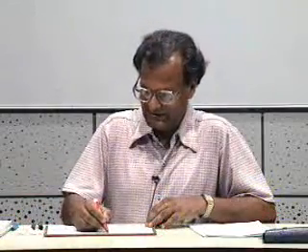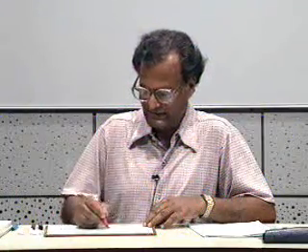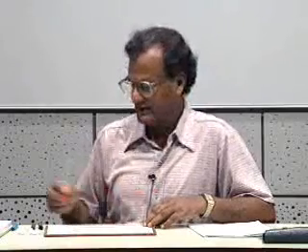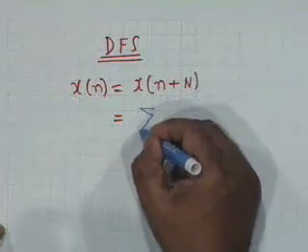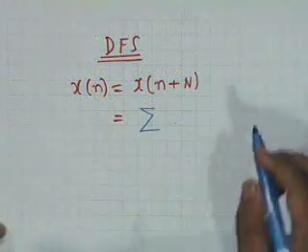We also introduced the discrete Fourier series, DFS, and we said that if x of n is periodic, x of n is x of n plus N, then x of n can be expanded in a Fourier series of finite number of terms. This is the difference from the continuous time Fourier series.